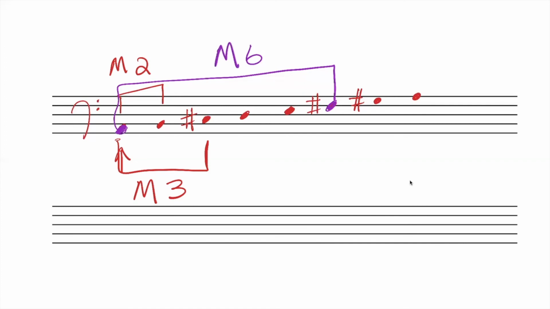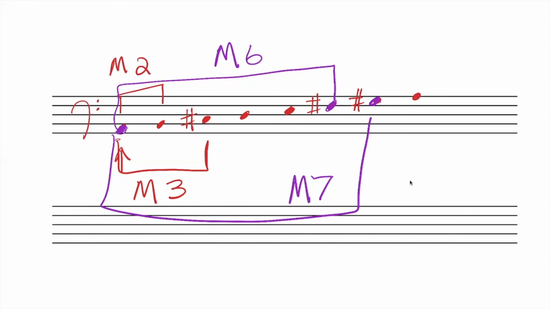And then finally, we can also do this for the 7th scale degree. A to G sharp is a 7th, and again, because it's derived from the major scale, we call it a major 7th.